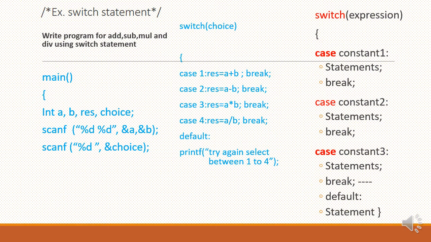It is only for understanding purposes that I have written try again, informing to select between 1 to 4. Finally I am going to close the switch statement, and here I am using the printf statement. Finally I have to close the program.